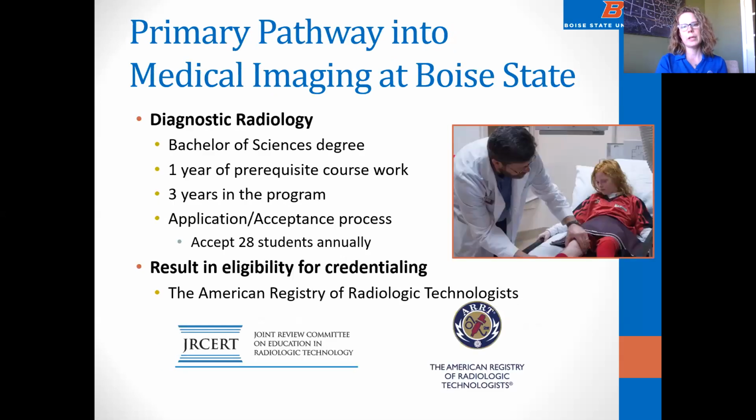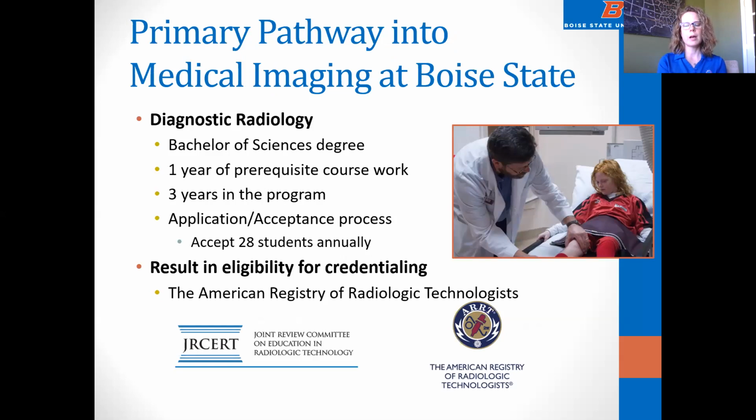The primary pathway into medical imaging at Boise State is through our diagnostic radiology program. This is a Bachelor of Science program. It's 1 year of prerequisite coursework. Then students apply for acceptance into the final 3 years for the total of a 4-year baccalaureate program.